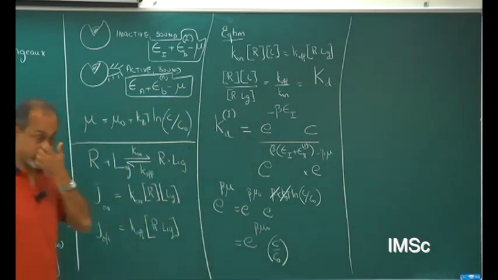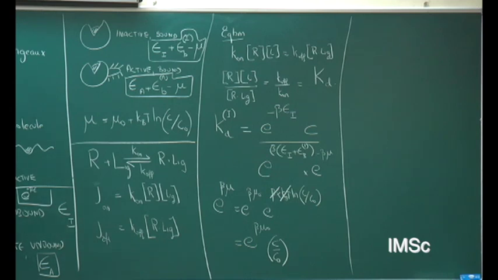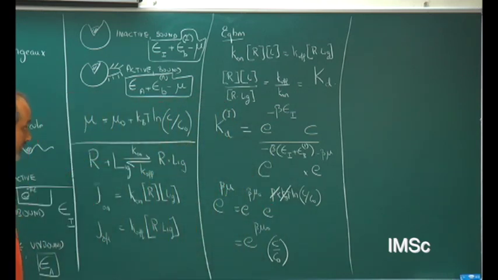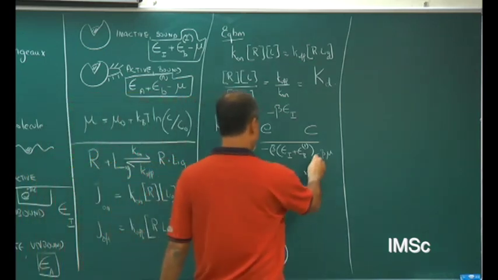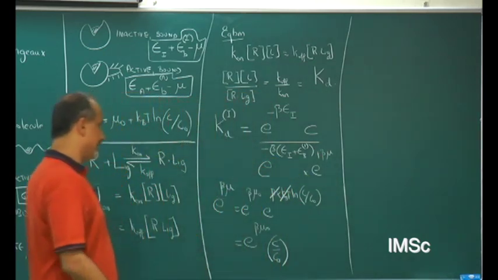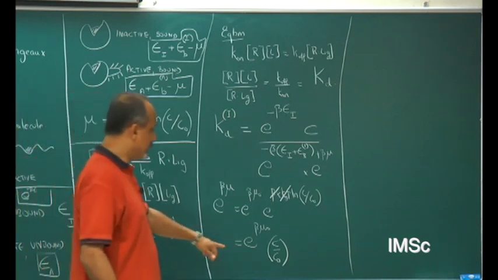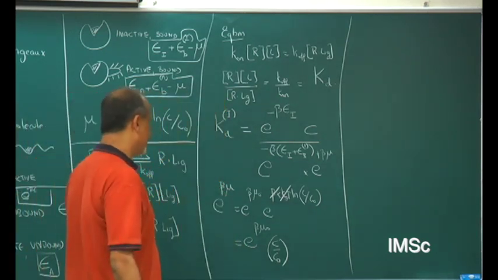It should be e to the power plus beta mu, you're right about that. So e to the power beta mu gives me just e to the power beta mu naught times C divided by C naught.